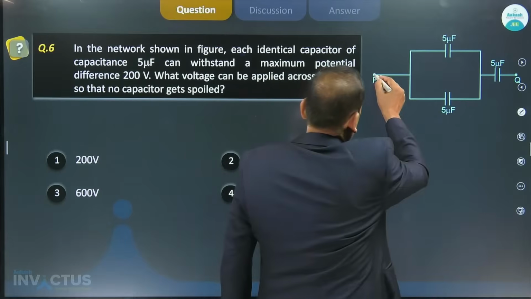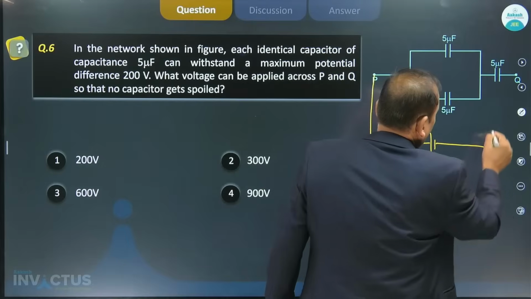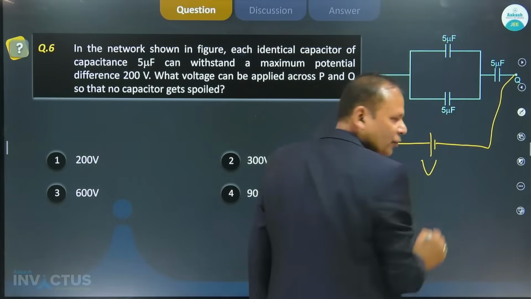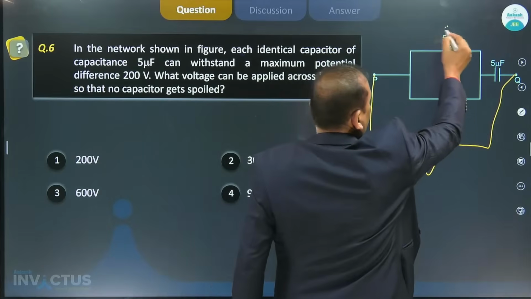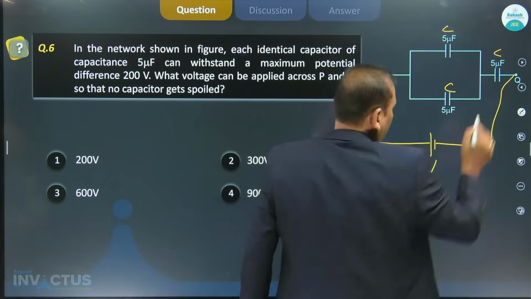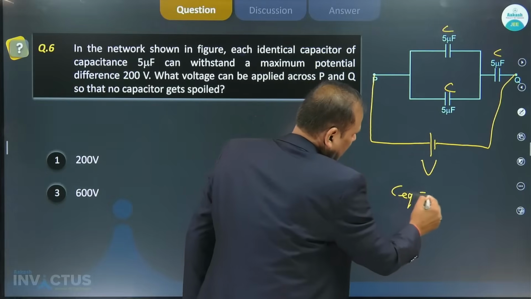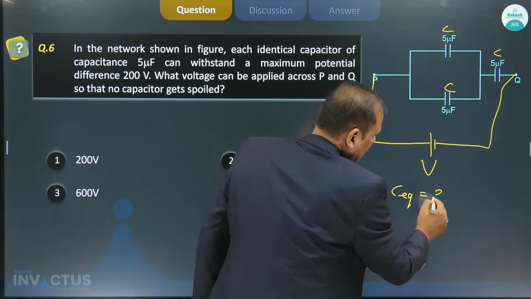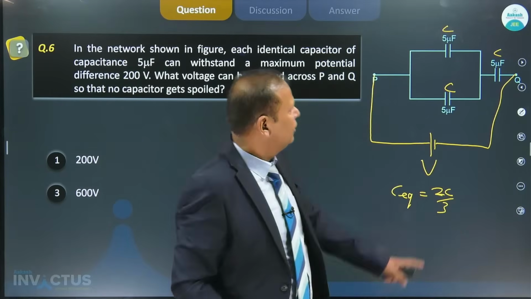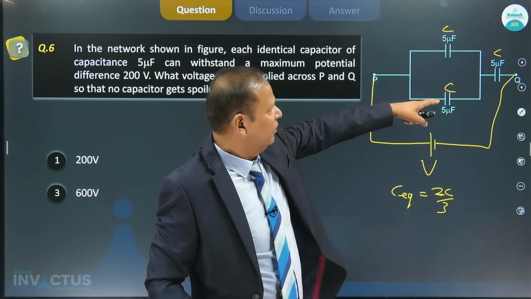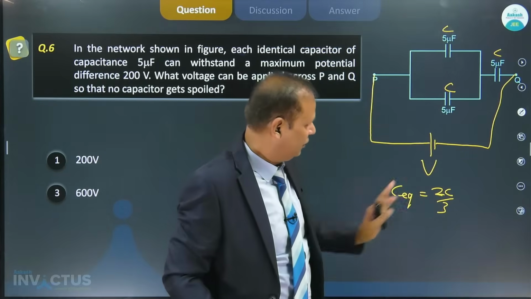So suppose we consider the potential difference V. If this is C, C, C, the equivalent capacitance is 2C by 3. These two capacitors are in parallel, C plus C, 2C, and this is in series.